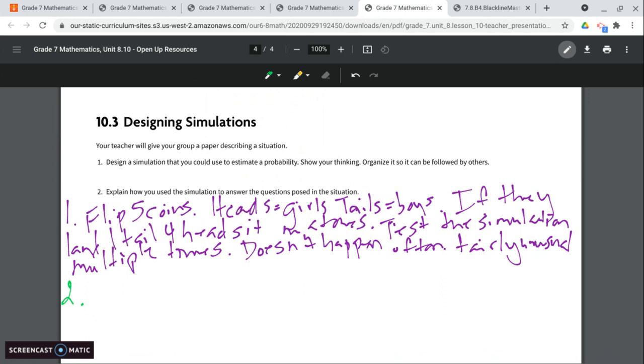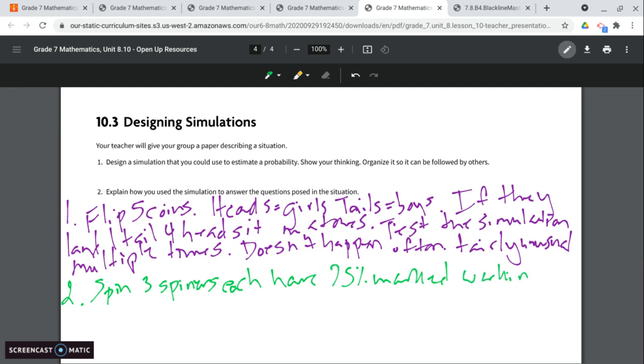So for 2, we can spin 3 spinners. Each has 75% marked working, the other 25% as not working.